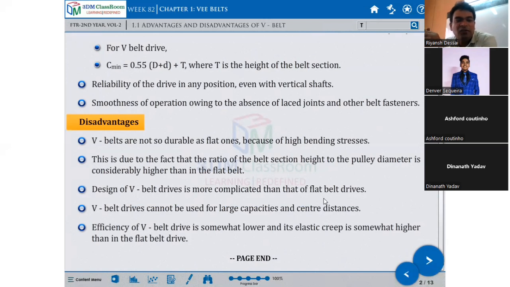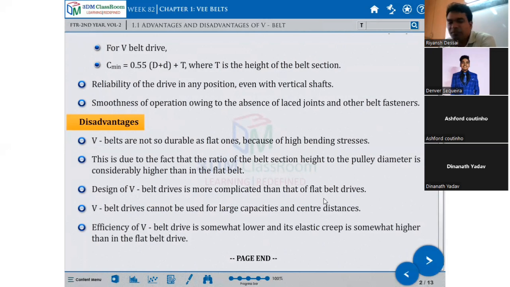Second, this is due to the fact that the ratio of belt section height to the pulley diameter is considerably higher than for the flat belt. So the ratio of the belt section height to the pulley diameter is considerably higher than the flat belt.